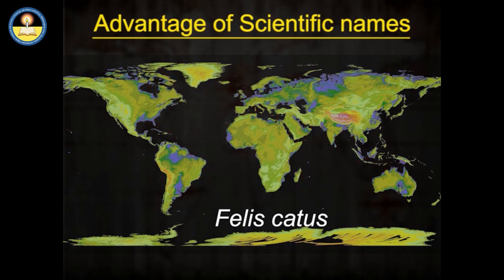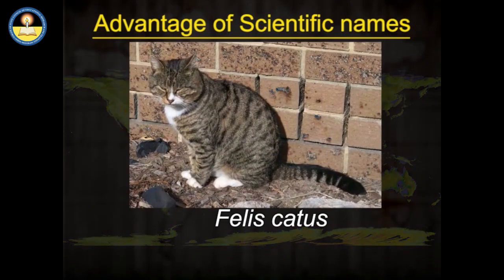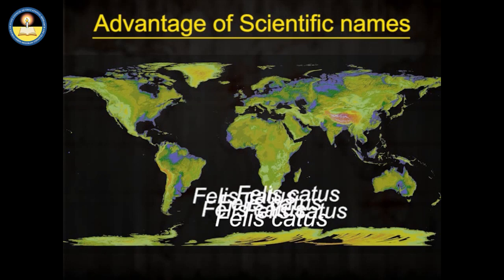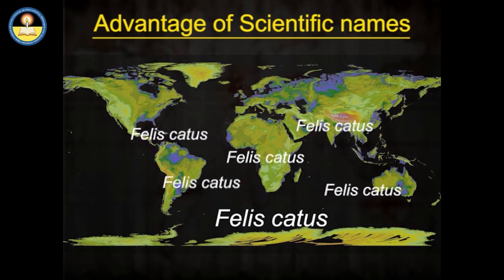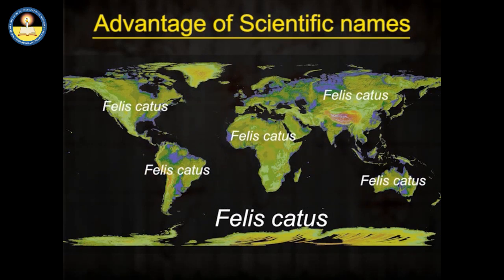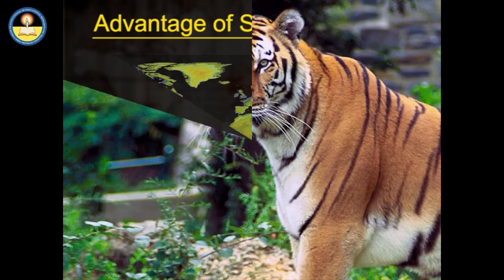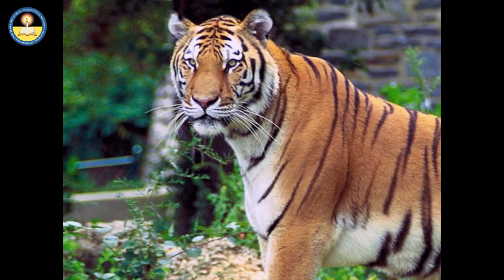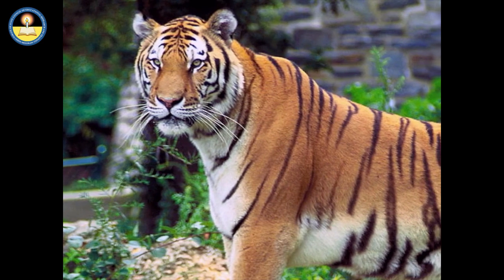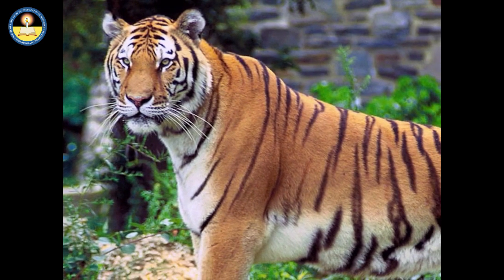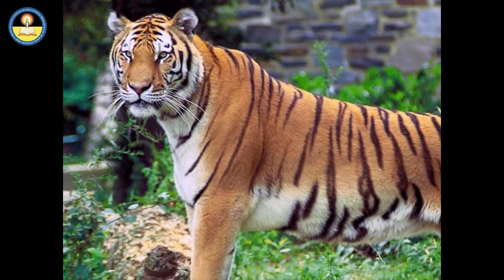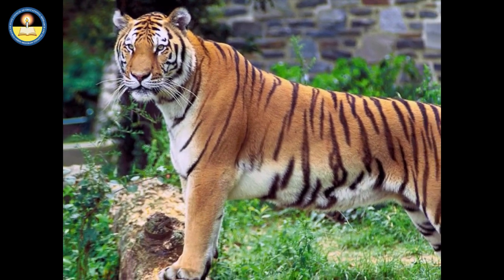This is why we say it is a universal system of naming living organisms. By using the same binomial name in Latin, we can ensure that all scientists, no matter where they come from, will be talking about the same organism. According to binomial nomenclature, each name applies only to one species, and each species has only one name.